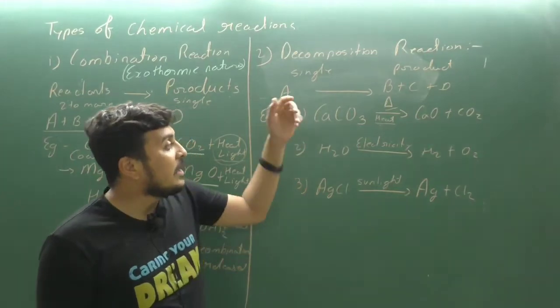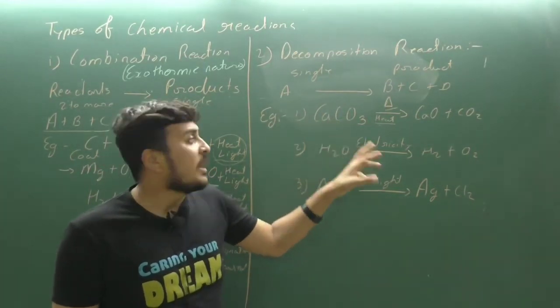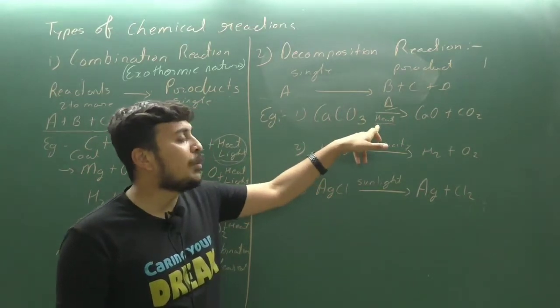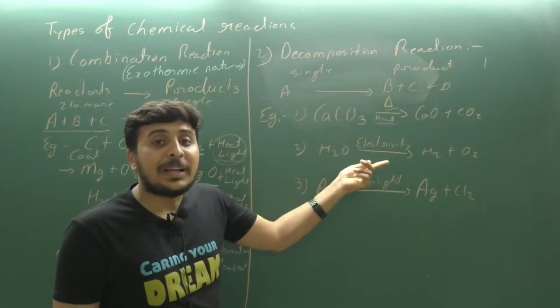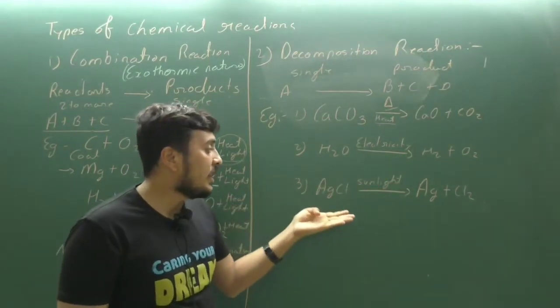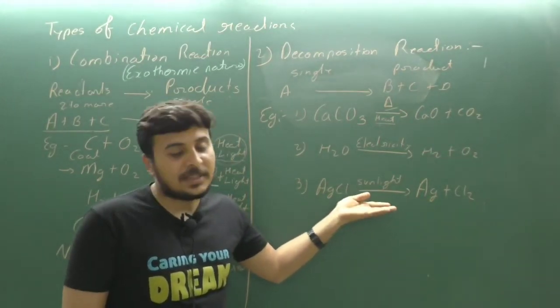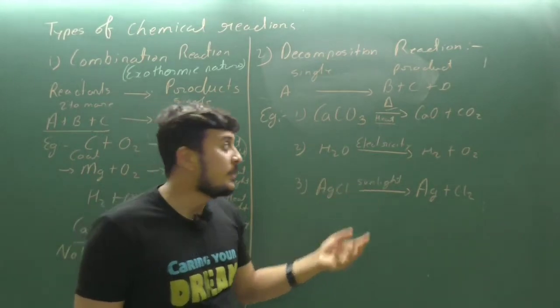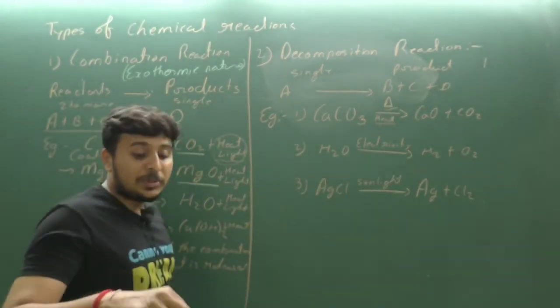So in all the reactions some kind of energy is supplied. In the first reaction energy is supplied in the form of heat, that is thermal energy. Here energy is supplied in the form of electricity, that is electrical energy. In the third reaction energy is supplied in the form of sunlight, that is photolytic energy. So here we have three different types of decomposition reaction.